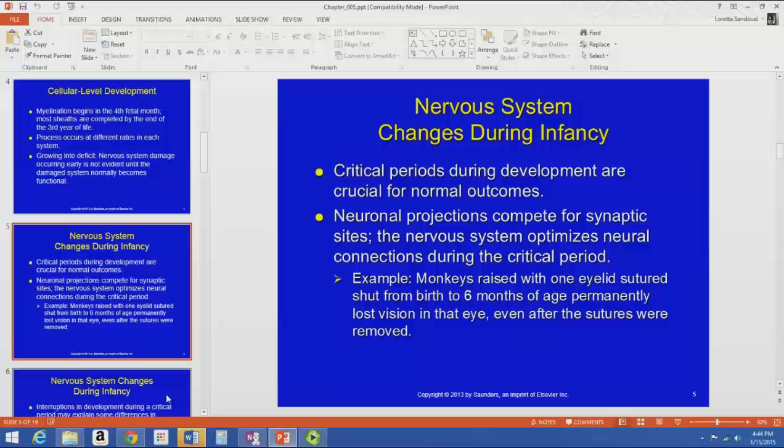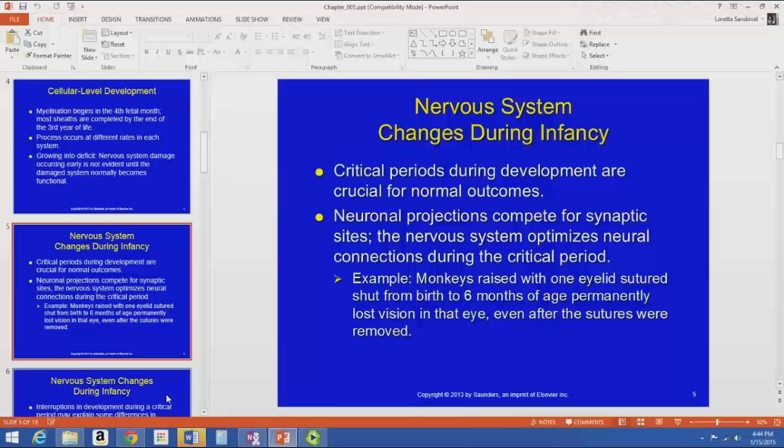So there's this study where they took baby monkeys and they sutured one eyelid shut from birth to 6 months of age, and they permanently lost vision in that eye even after the sutures were removed. That part of their visual cortex did not develop because those neural connections just were not made.